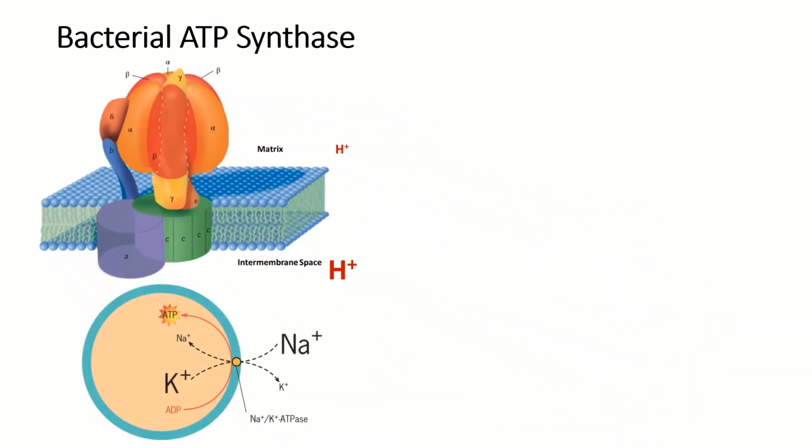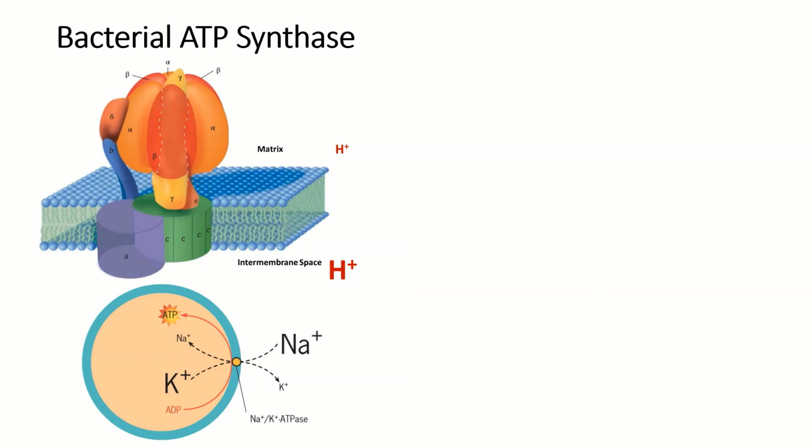So, if you can remember how the sodium-potassium ATPase works, that particular ATPase actually uses ATP to pump sodium out of the cell against its concentration gradient, and potassium into the cell also against its concentration gradient.